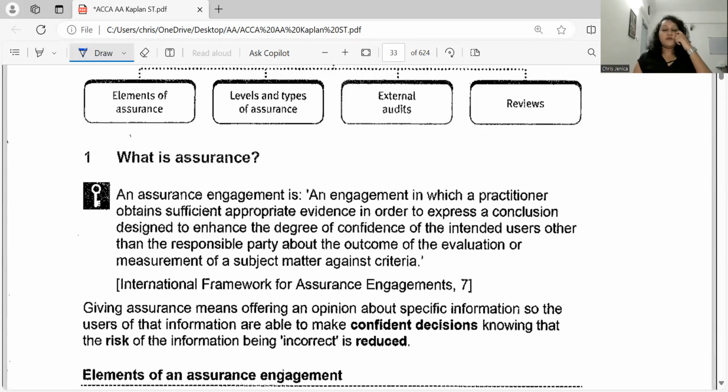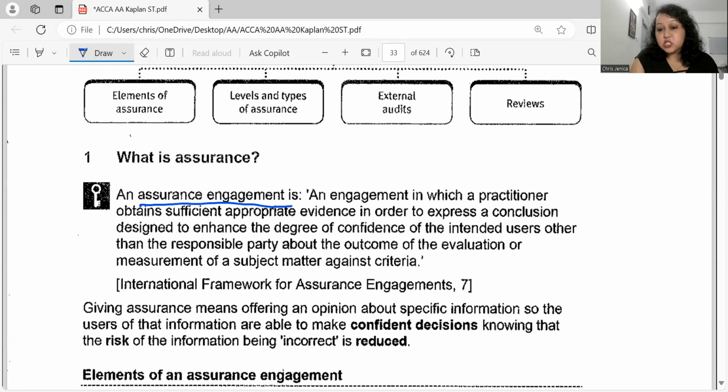Now, first of all, with this audit paper, you don't have to mug up or memorize any definitions. You just have to understand what the definition means so that you will get an idea of what we are going to do. So, what is an assurance? The term that you have to understand before starting with this paper is assurance engagement.